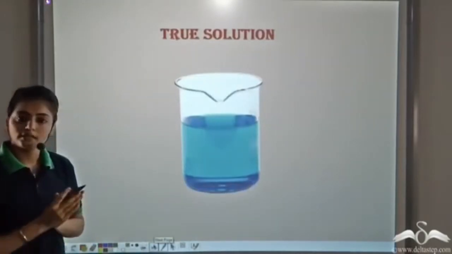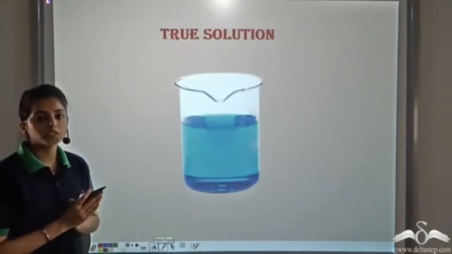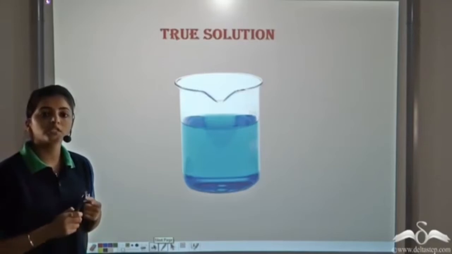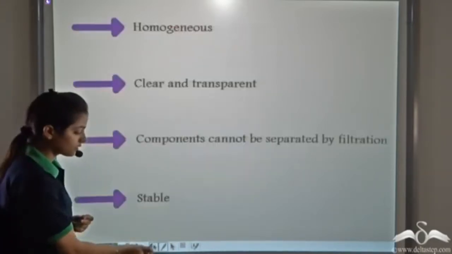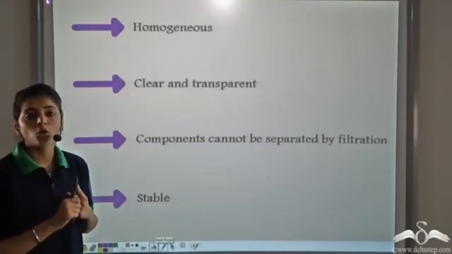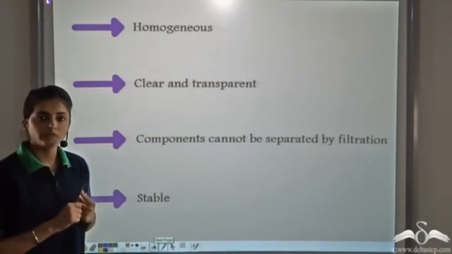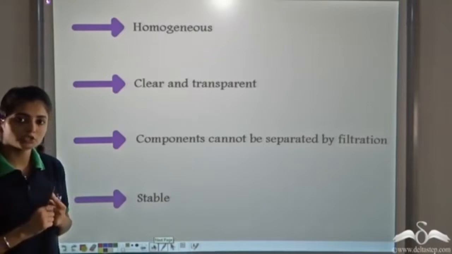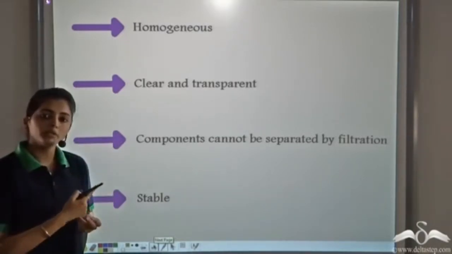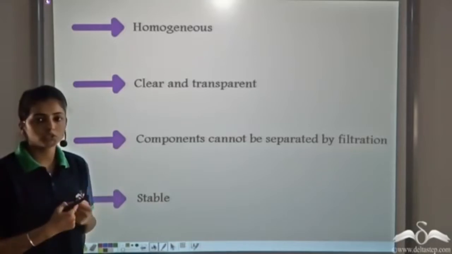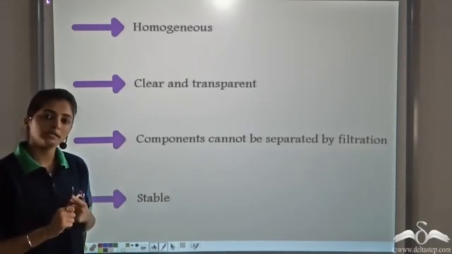Now let's look at another type of solution, that is aqueous copper sulfate solution, which is a true solution. Now what are the properties of a true solution? A true solution is always homogeneous. When we look at aqueous copper sulfate solution, we see that it is the same throughout. Since it is uniform in composition throughout, it is homogeneous. It is also clear and transparent.